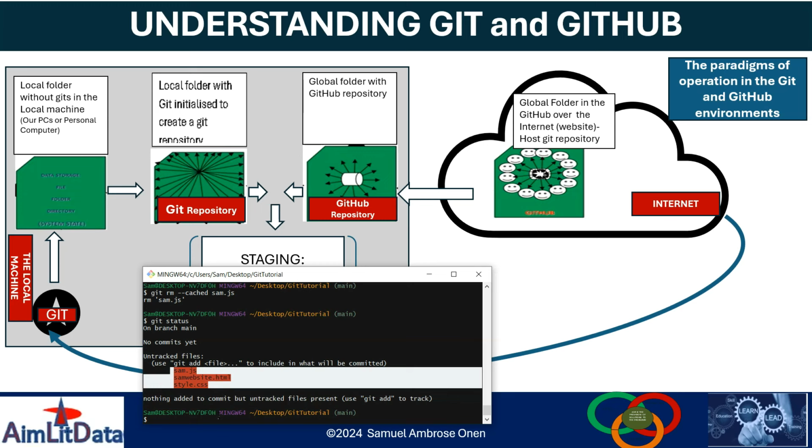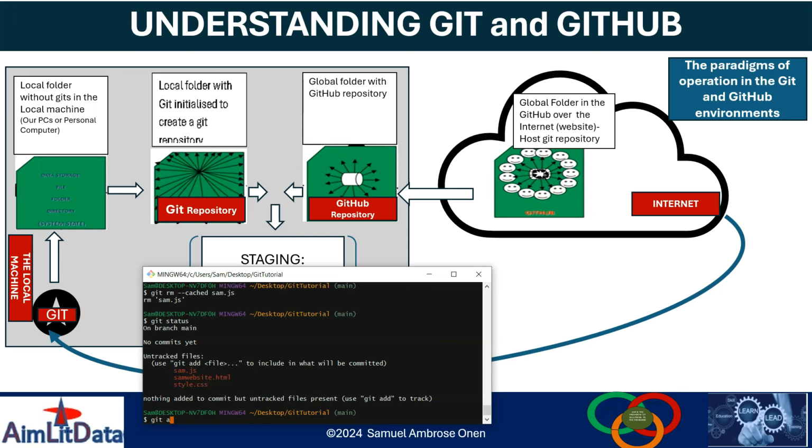So let us add everything to the staging mode by using git add, space, then a full stop, a period. It's telling us that now we have to move everything to the staging mode.